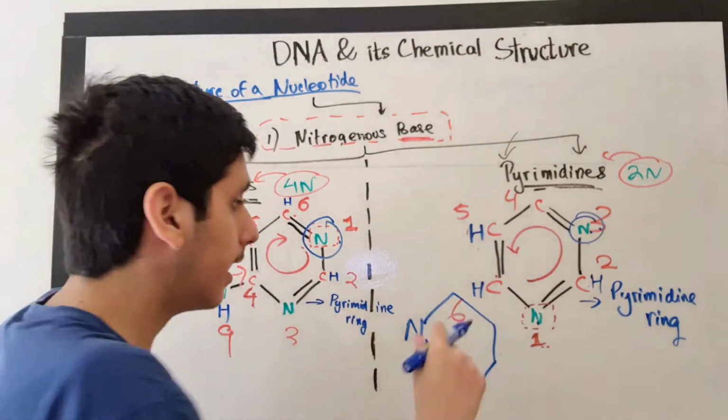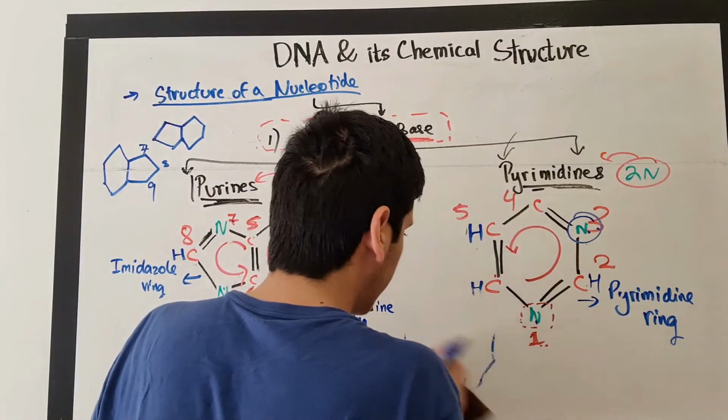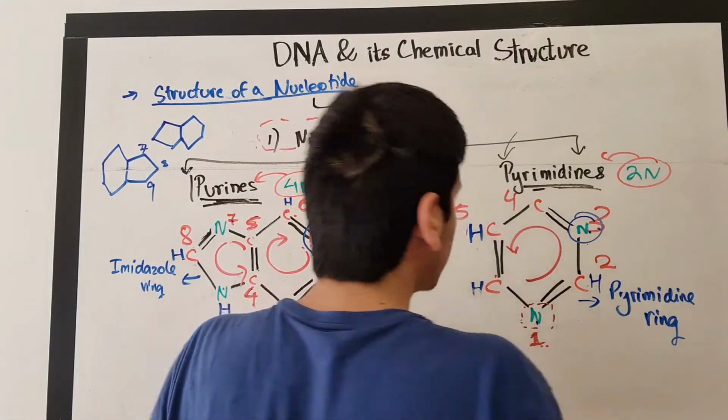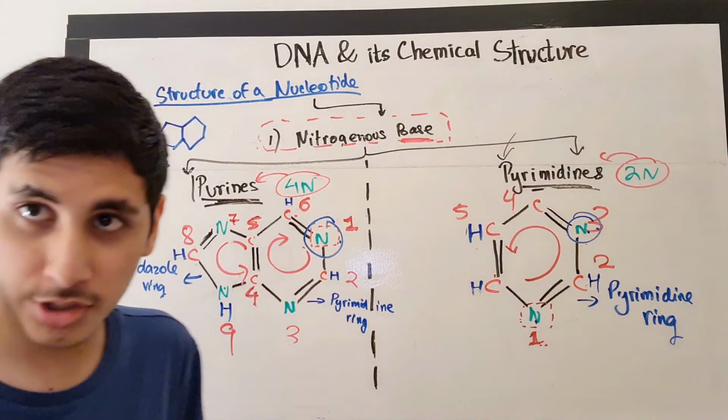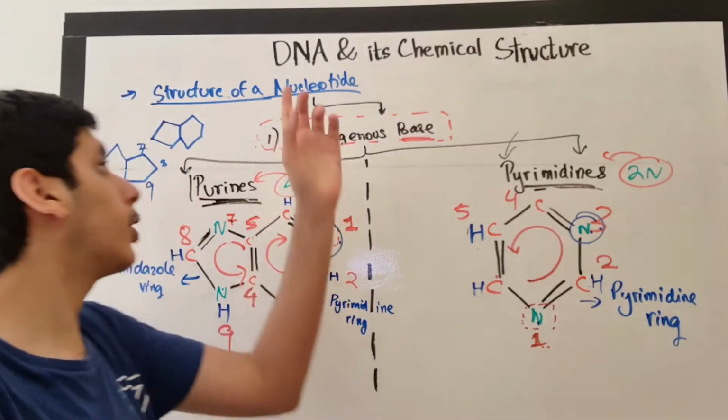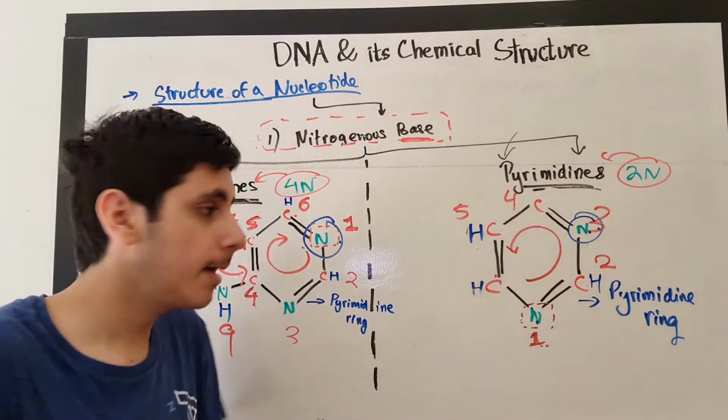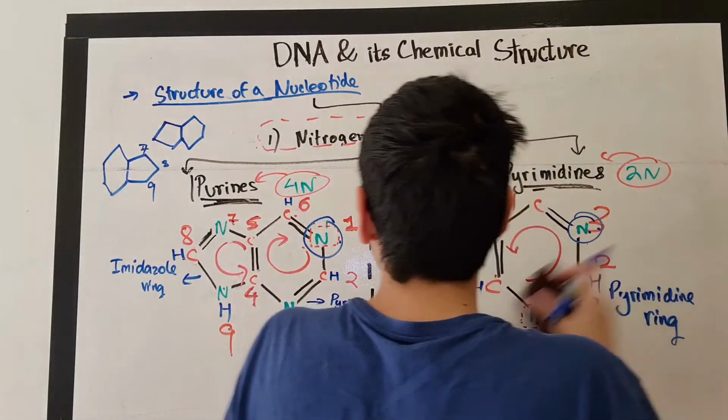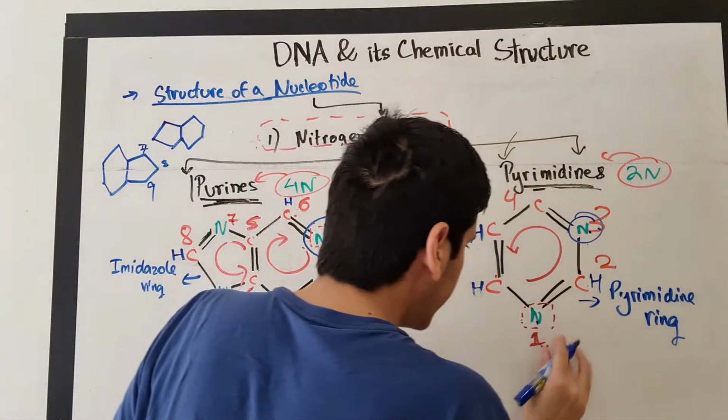Why? I'll explain to you once we finish drawing the entire nucleotide chemical structure at the end of explaining all these subunits of the nucleotide. But I'm just going to tell you something quickly.